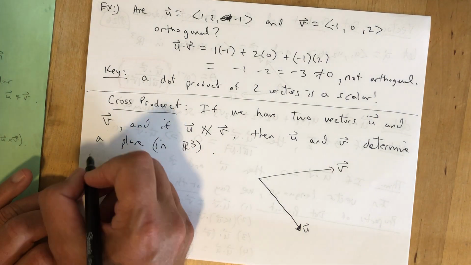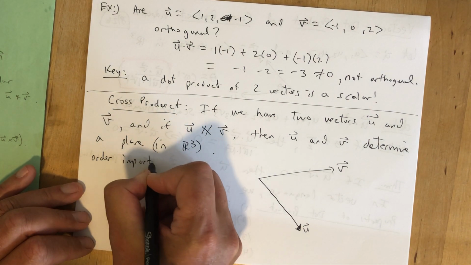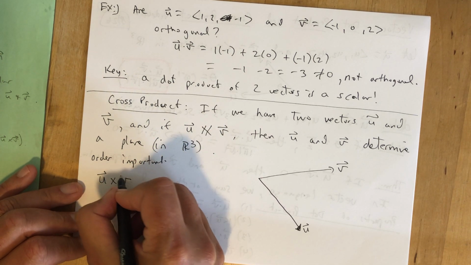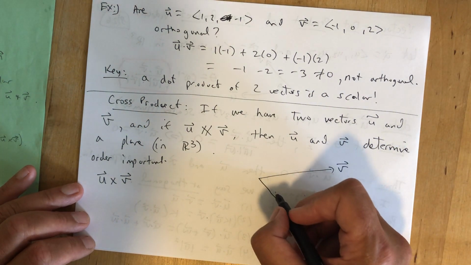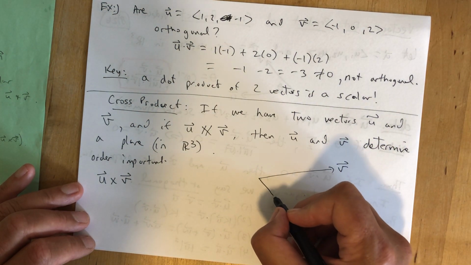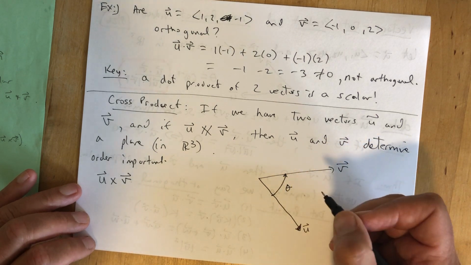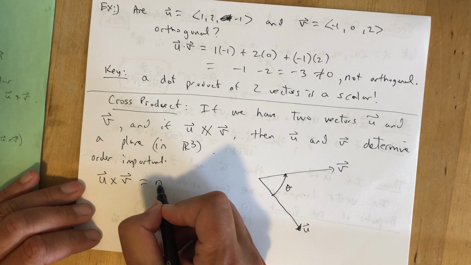Now, this has to go in order, so order is important. If I take u cross v, right, then by the right-hand rule, u goes towards v, this angle theta, and this cross product gives me a vector, which I'm going to call n, right?